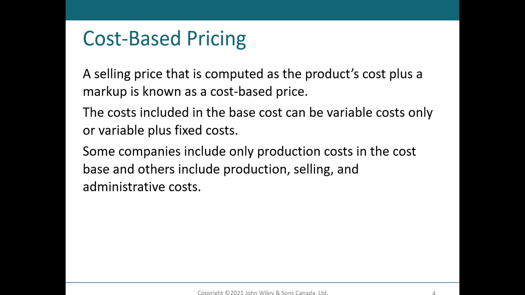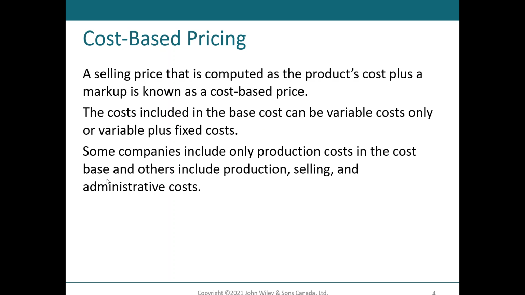So the markup for that base may be too high, so that it has to capture all the fixed costs and the non-production costs as well. But if the company decided that the cost that they will cover is the variable and fixed, they will include that and then add a markup to that cost.